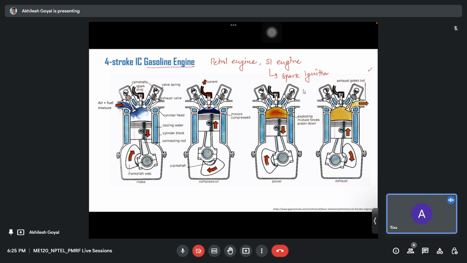Now the second stroke starts, that is the compression stroke, and the piston starts moving in the upward direction. As both valves are closed and the air or air fuel mixture is inside the cylinder, as the piston moves upwards, this air gets compressed.